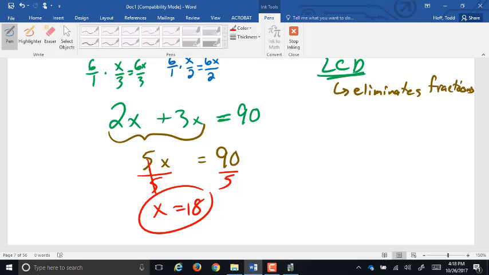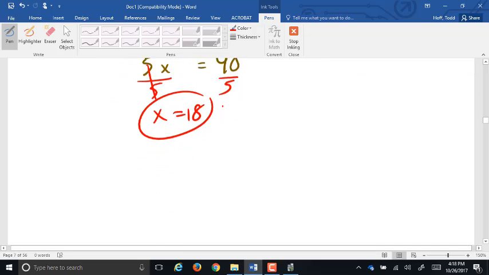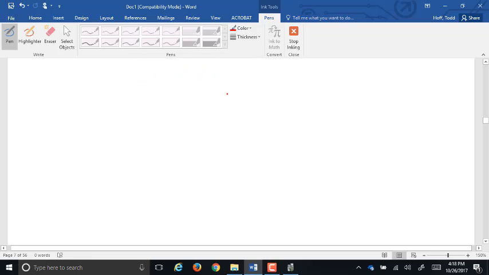It may be less confusing to work with the fractions. Same would go in this next equation. There. We could just work with the fractions.